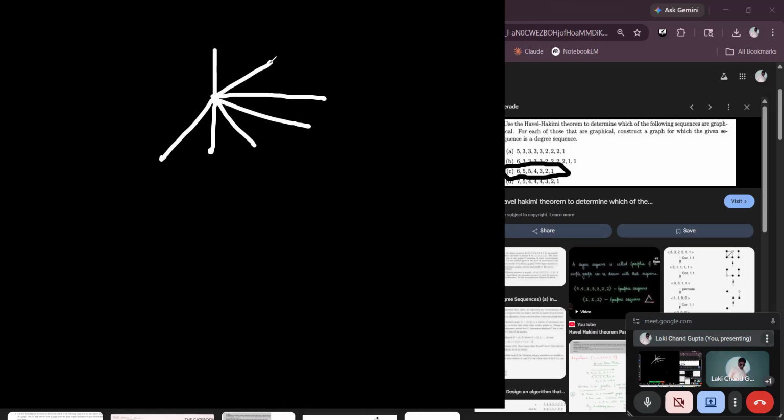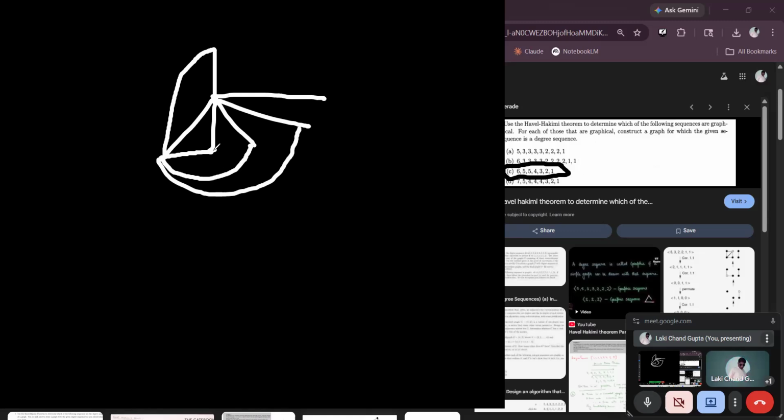So the first vertex is connected with 6 remaining vertices. 1, 2, 3, 4, 5, 6, 7. Sorry, 6, right? The second vertex is connected with 5 remaining vertices. 1, 2, 3. Its degree is 5, right?